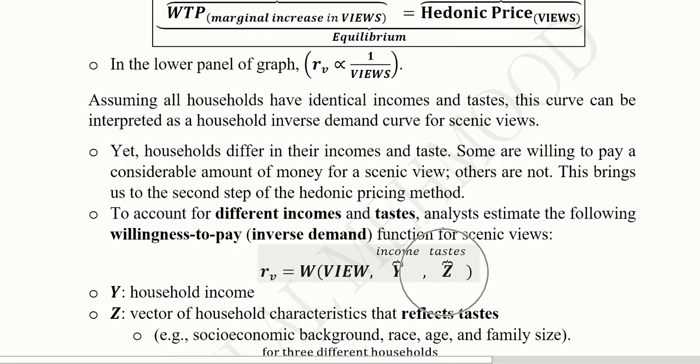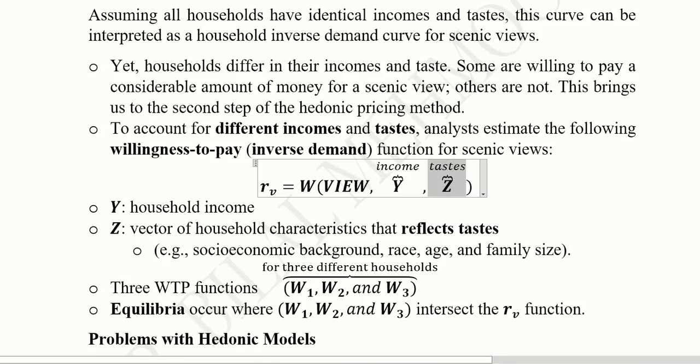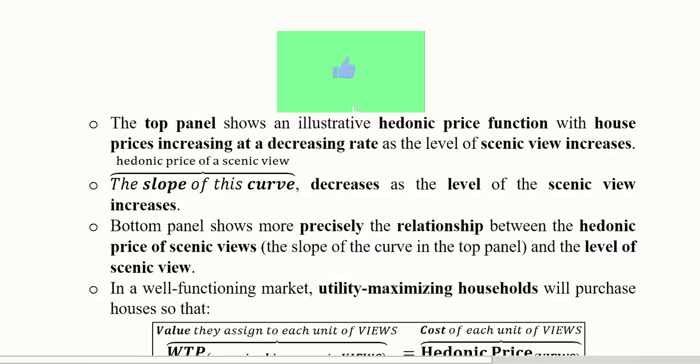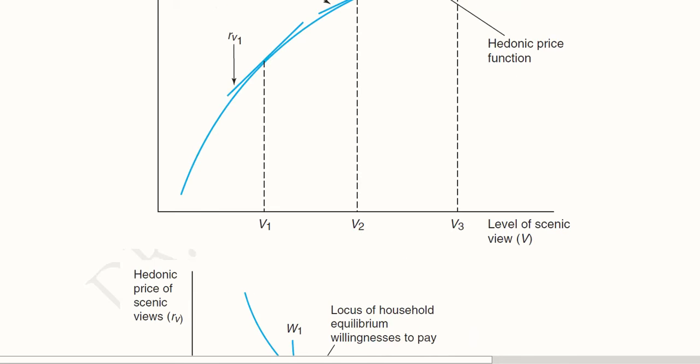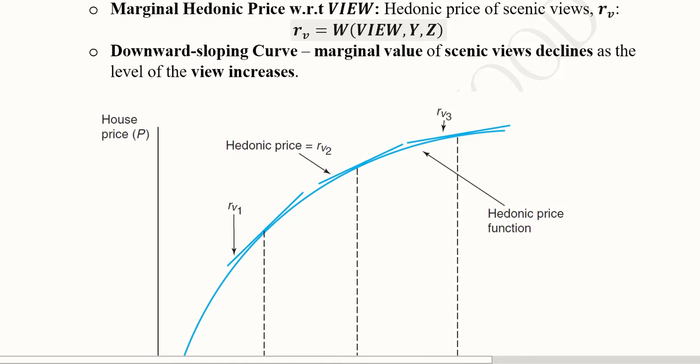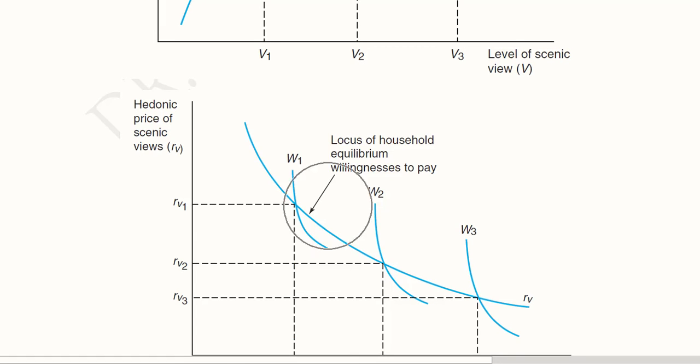We can see that here. You can see that it is tastes, the socioeconomic factors, and this is the income. Here we have explained this. Now we come to this diagram and we see that it's a downward sloping curve when it comes to this graph.